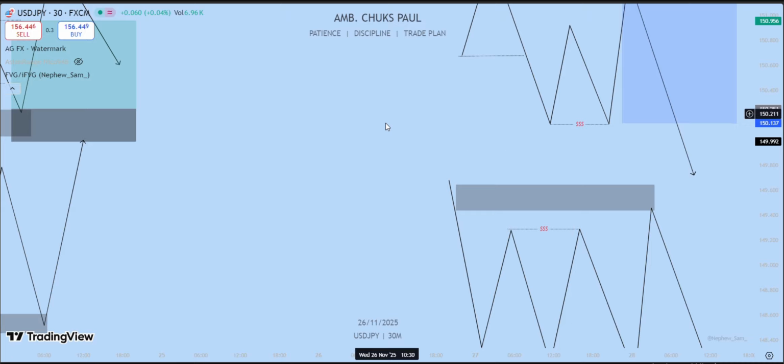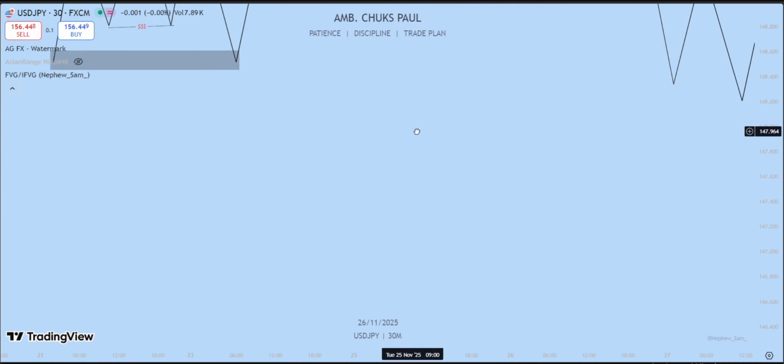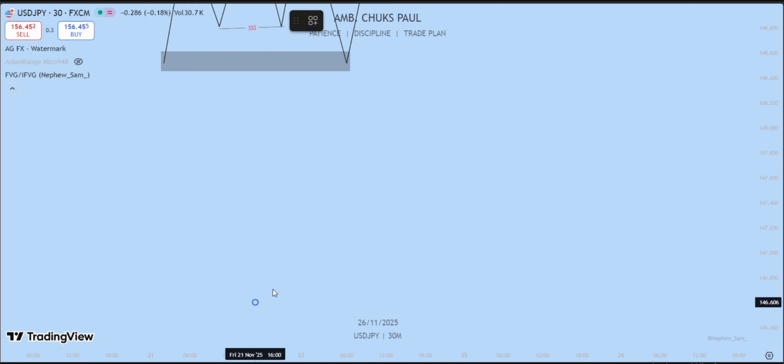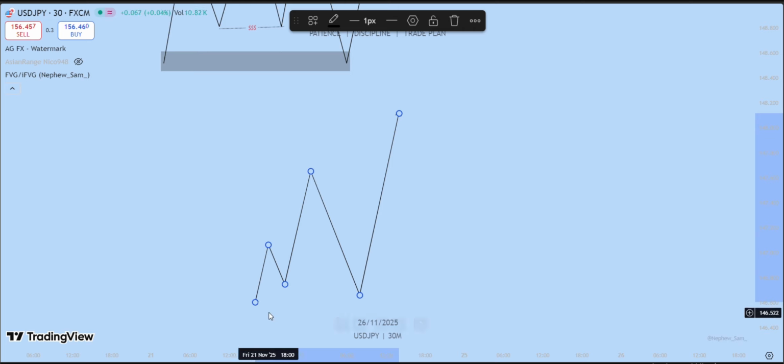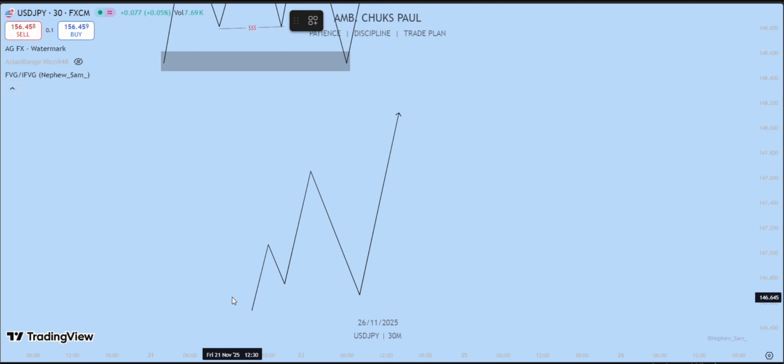Then the last one which I added is structural liquidity, which I'm going to give the illustration of. If market is in an uptrend, for instance, let's say price is in an uptrend, and then we got this.